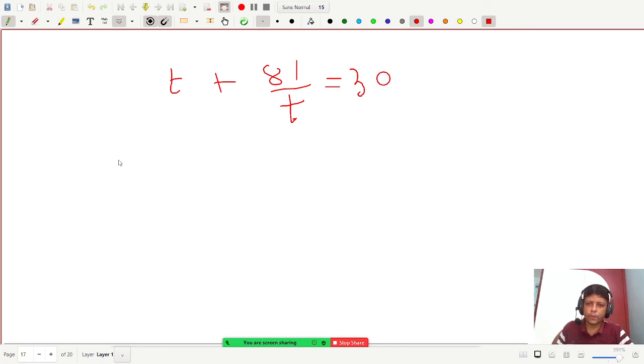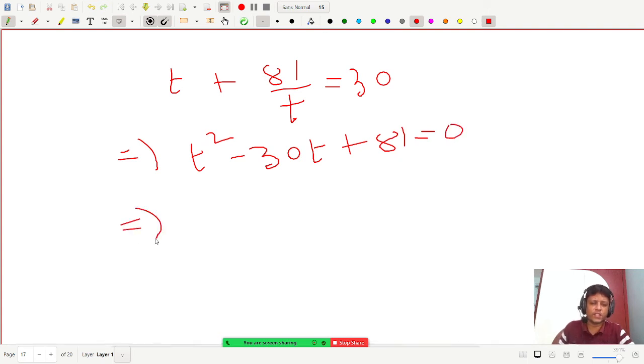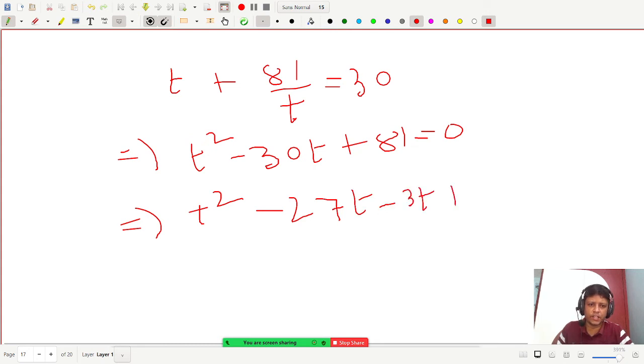So if you simplify, t square minus 30t plus 81 equal to 0. 81 means 27 into 3. Now we can write t square minus 27t minus 3t, that makes 30, plus 81 equal to 0.